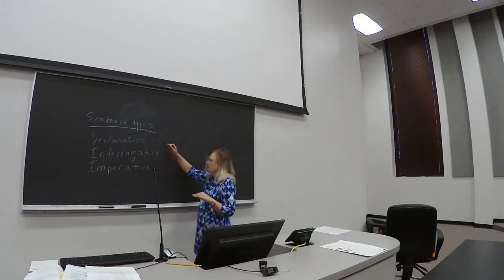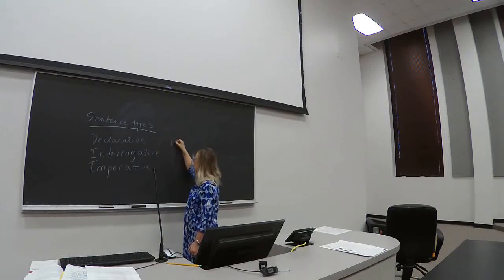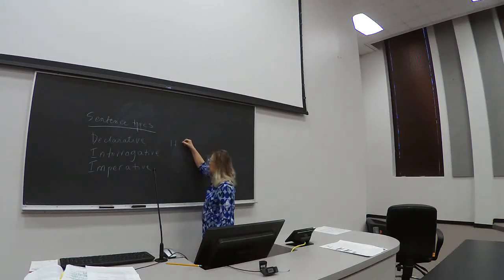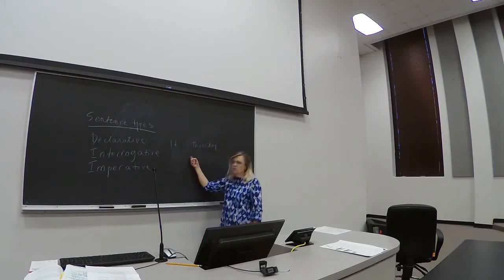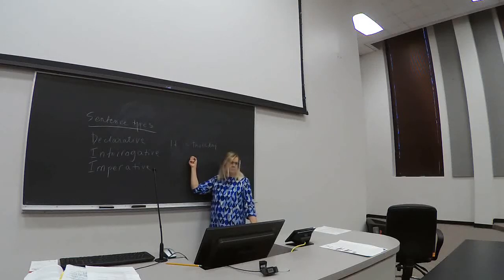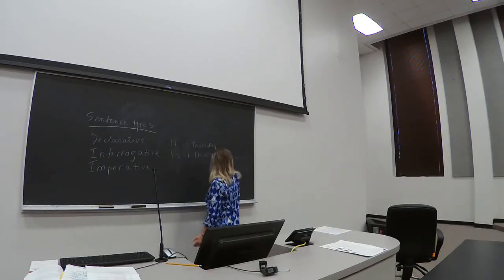We can build declarative sentences, and if we take this as an example, it is Thursday, we can make it into a question. How? Is it Thursday? And now we have an interrogative sentence.